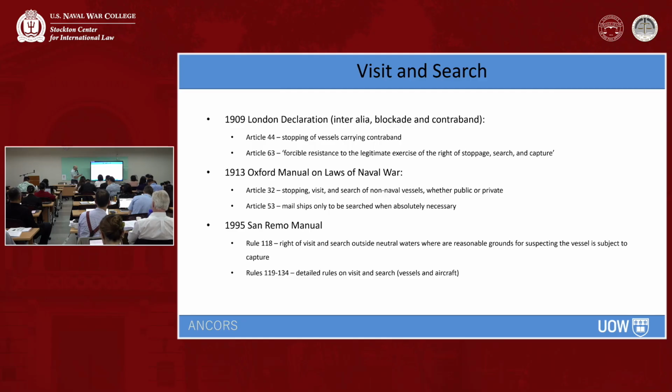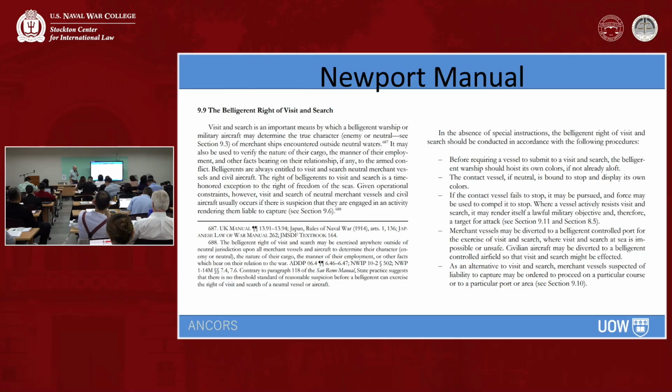And there's also a lot of mention in other publications such as the London Declaration, Oxford Manual and San Remo Manual, which all brings out the finally where we get to in the Newport Manual of talking about what can be done for visit and search.